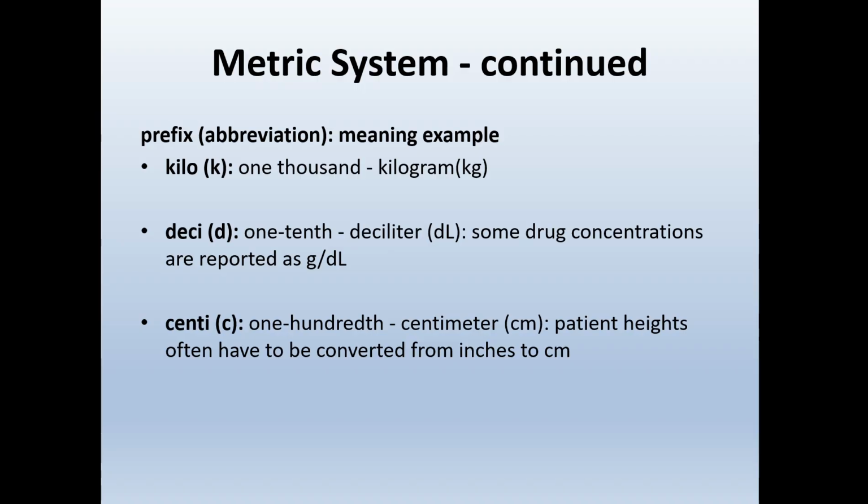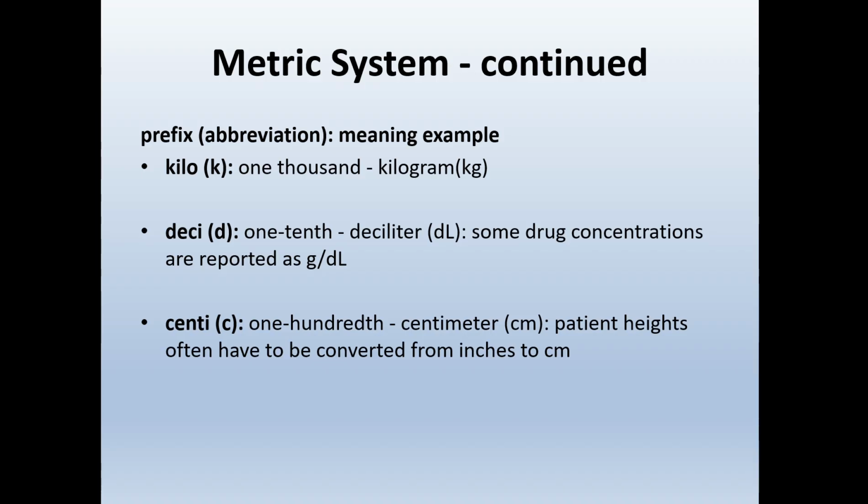Now, when you say kilo, that's the prefix. The abbreviation is K, and that is 1,000. So you say a kilogram of salt, you're simply referring to 1,000 grams of salt. Now, deci, which is the next one.